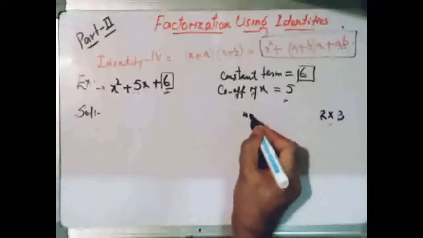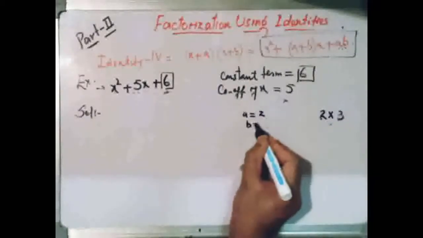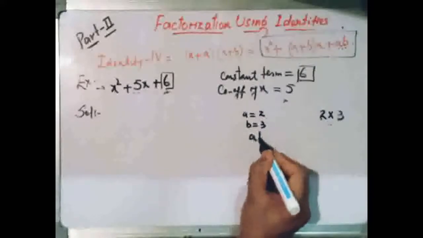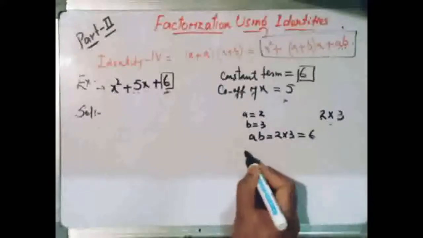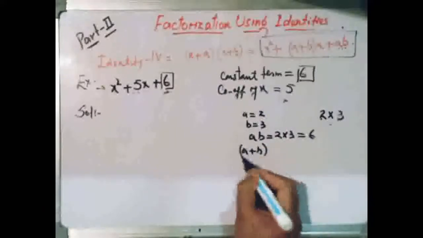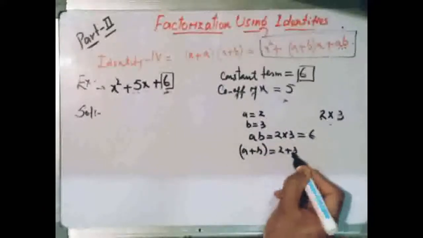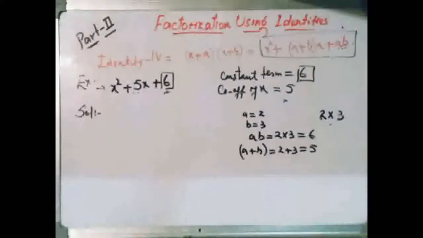If A is equal to 2 and B is equal to 3, then A into B is equal to 2 into 3, that is 6. A plus B is equal to 2 plus 3, that is equal to 5, right?